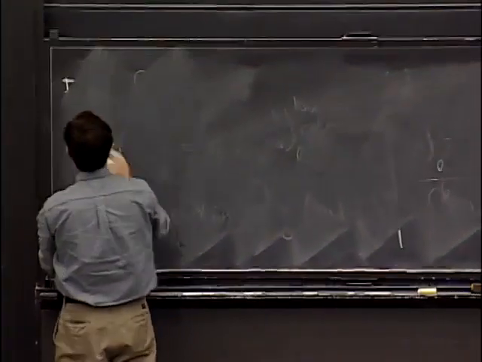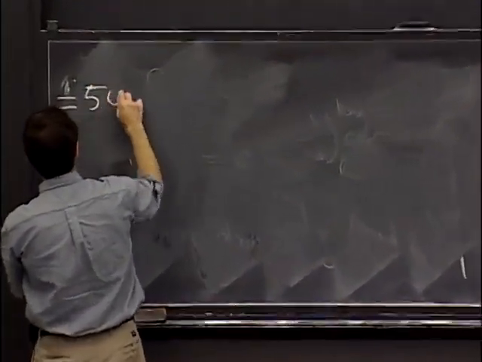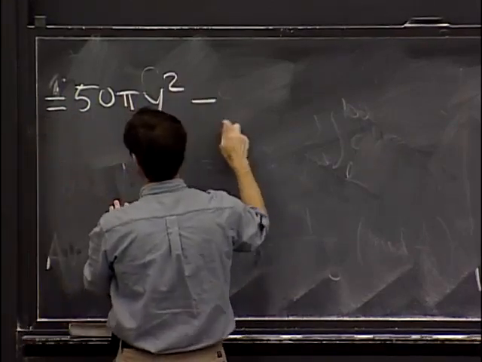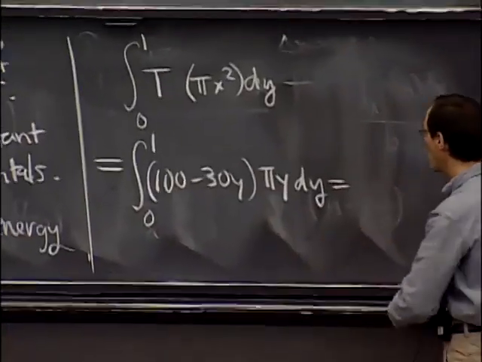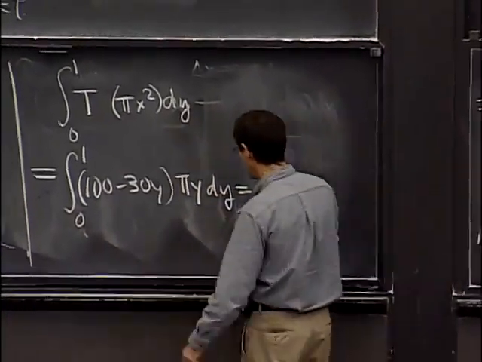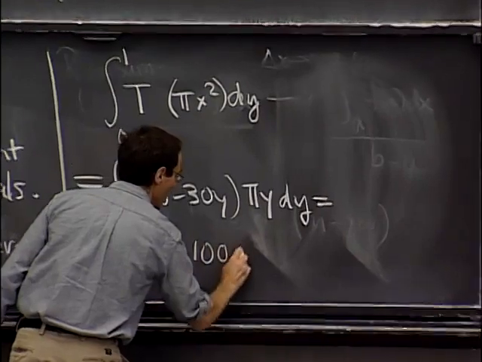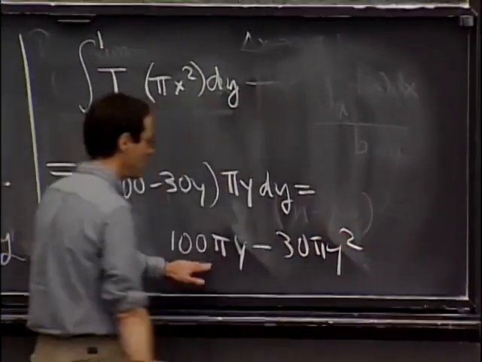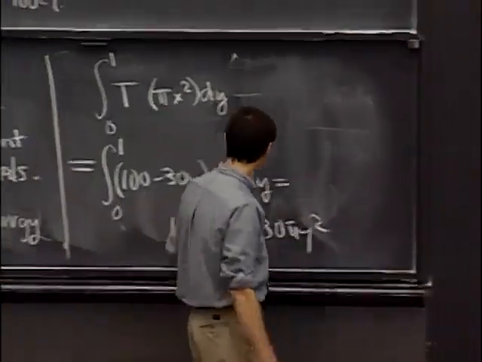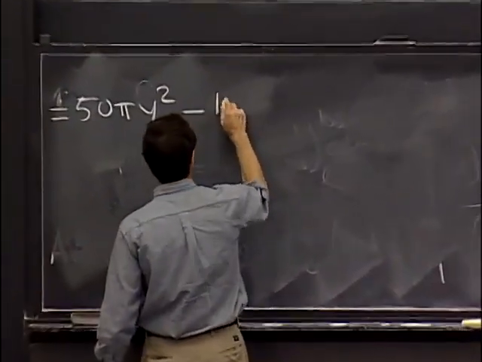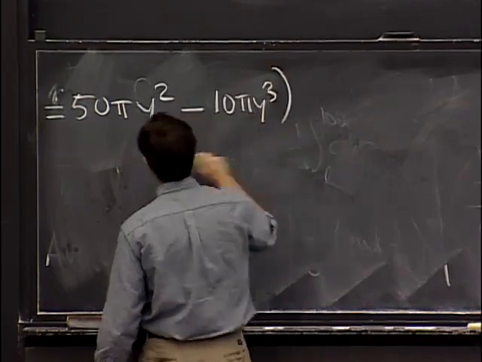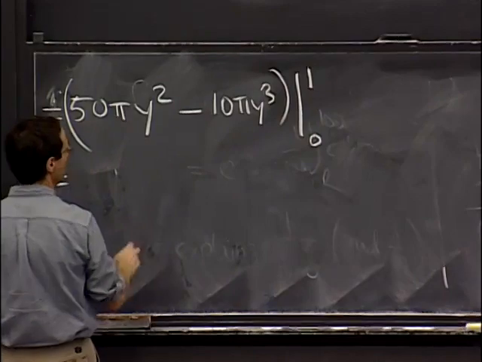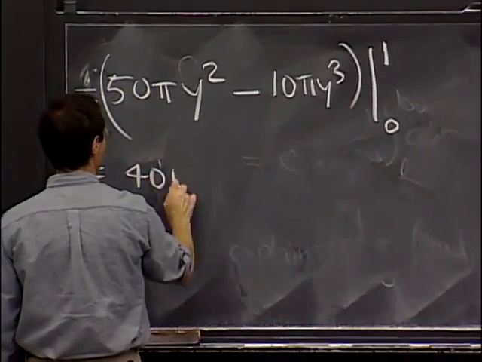It's equal to 100 pi y minus 30 pi y squared, and I have to take the antiderivative of that. So I get 50 pi y squared minus 10 pi y cubed, evaluated at 0 and 1, and that is 40 pi.